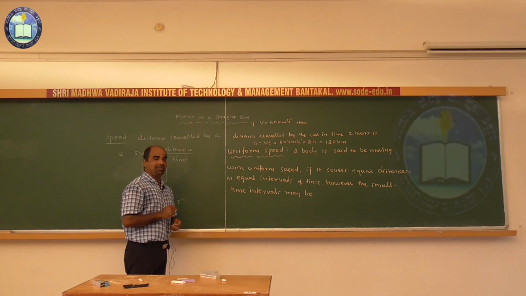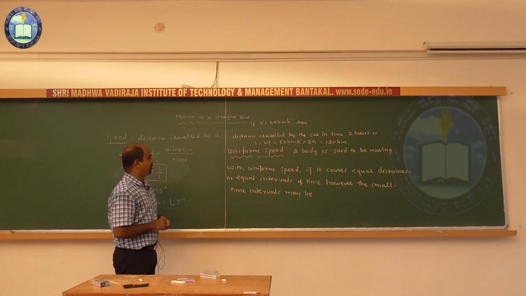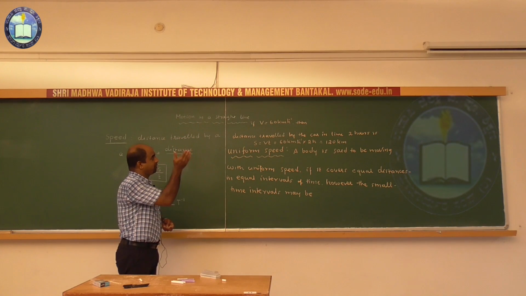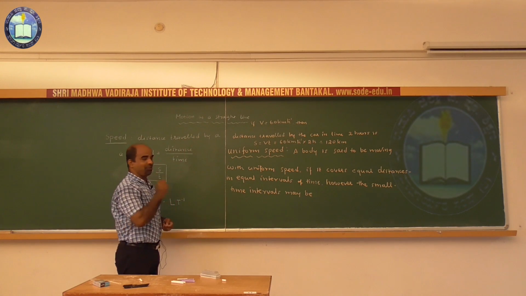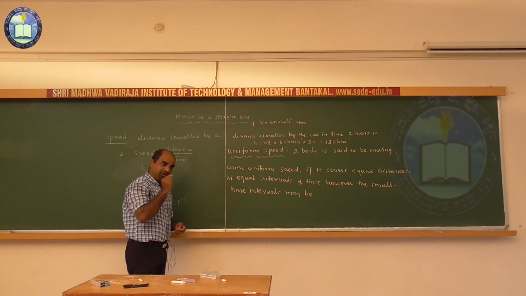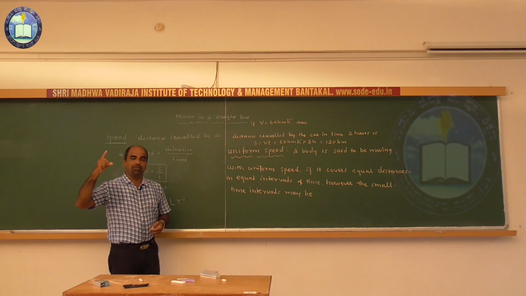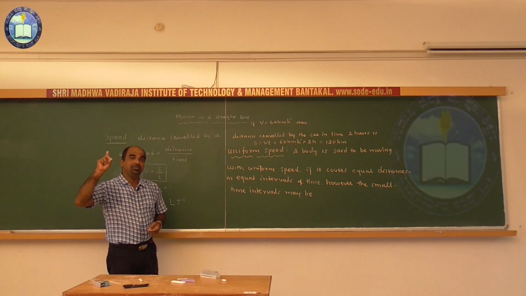However small the time intervals vary. I am explaining with an example in order to understand uniform speed. Let's take the speed of the car as 60 km per hour, which means that it covers a distance of 1 kilometer in each 1 minute.